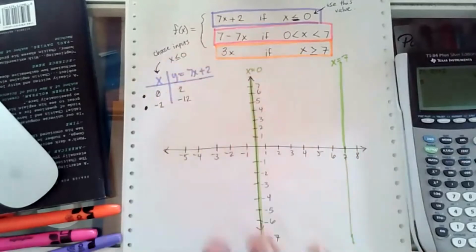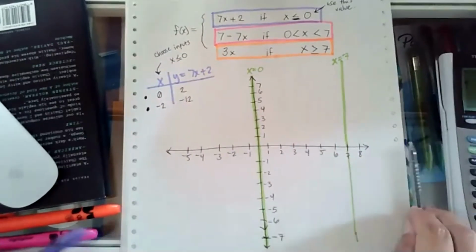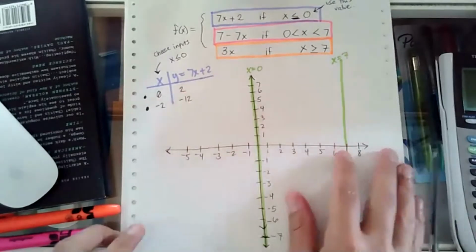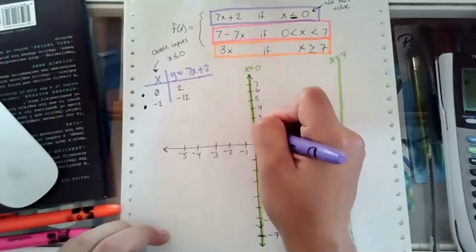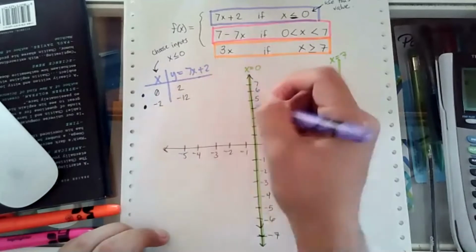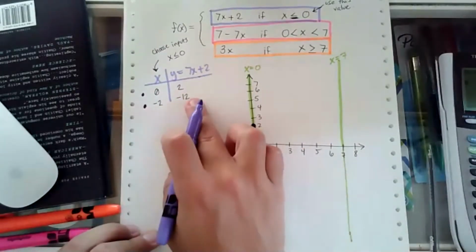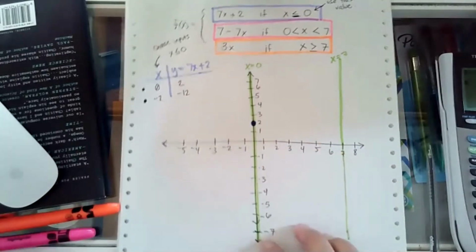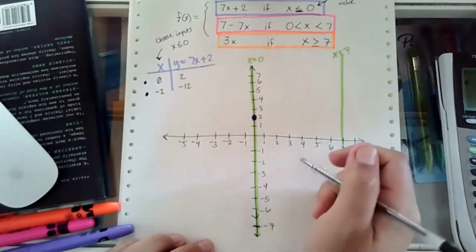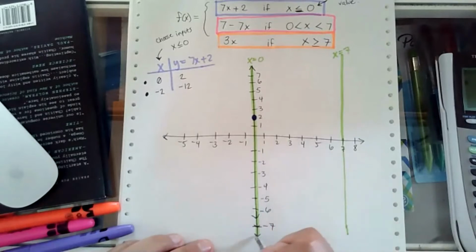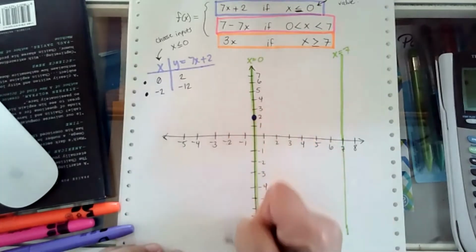So I have an x and y pair there. So what I can do now is go ahead and plot 0 and 2, and that's a closed circle. So I'm going to put a closed dot there. And then -2 and -12. Well, I didn't draw this low enough. So let's go ahead and call this -8, -9, -10, -11, -12, all the way down here.